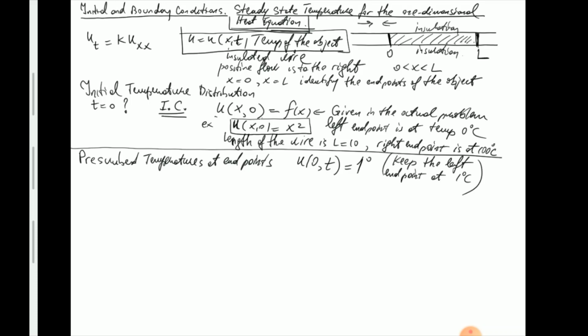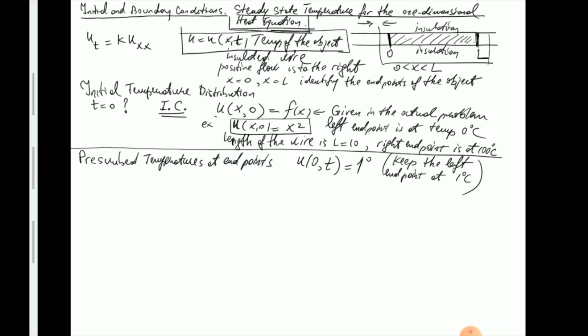Just look at the left corner here on the object. So how do I keep the temperature at 1 degree? Because remember, once you have a certain temperature on both sides of the object, the temperature flows in both directions, from hot to cold and back, so the temperature changes in time in general.